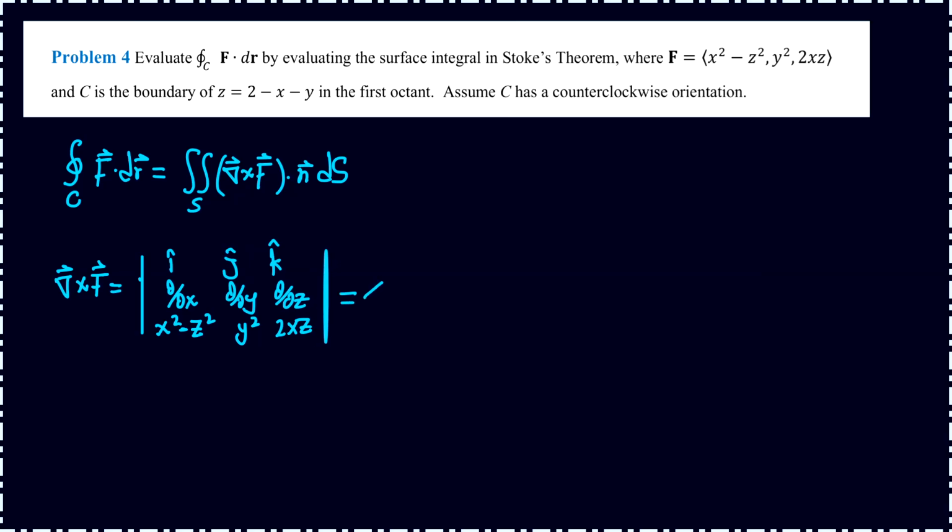Okay, so the curl is going to be the partial derivative of 2xz with respect to y. That's 0, minus the derivative of y squared with respect to z, 0. Then negative of the derivative with respect to x of 2xz, which is 2z, minus the derivative with respect to z of x squared minus z squared.